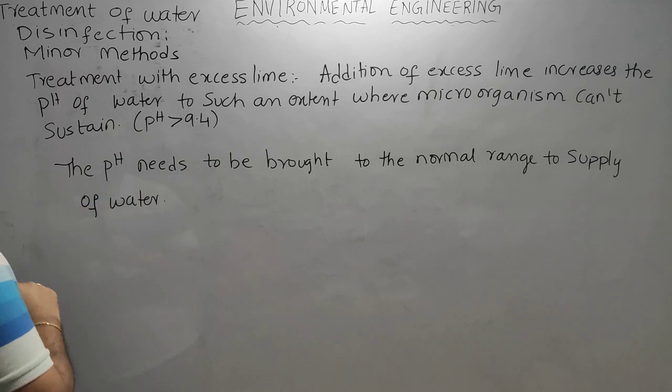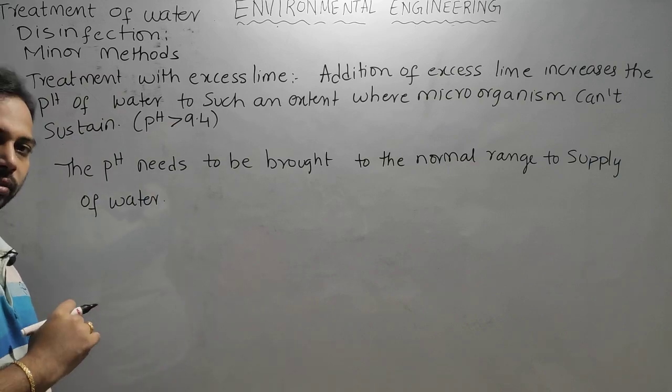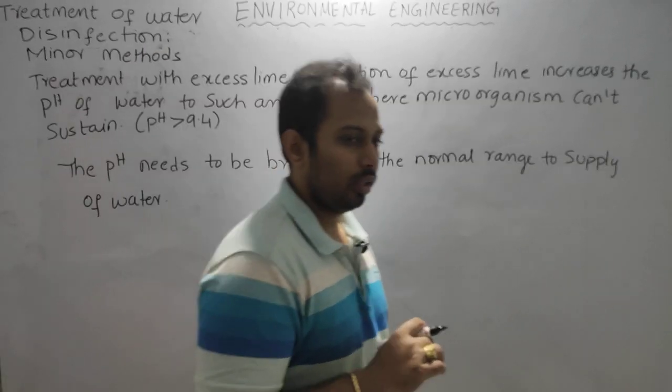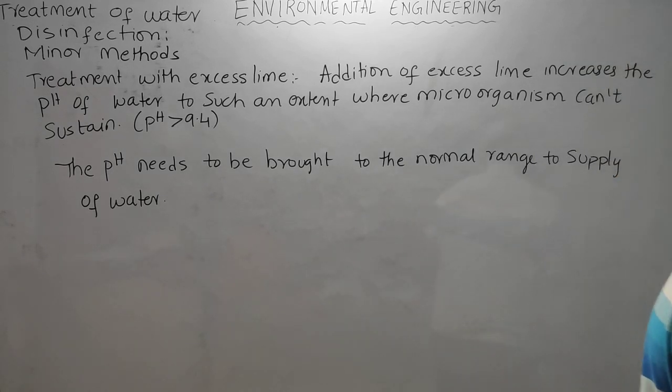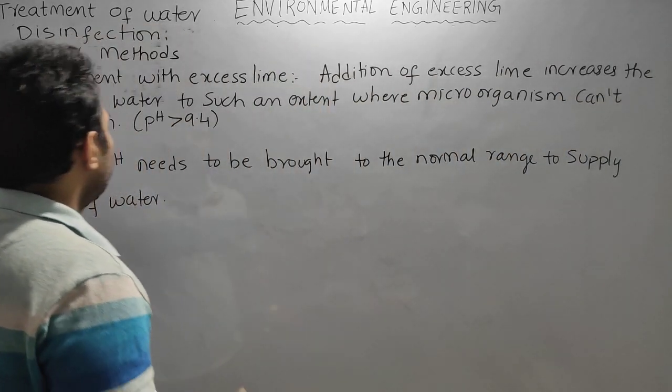But during this process, we are adding lime to the water. Now we are inducing impurity into the water, which is not needed for us. We are adding lime into the water, and again that lime we are removing using some other method. To bring the pH back to the normal, drinkable level of 6.5 to 8.5, we need to add carbonation.